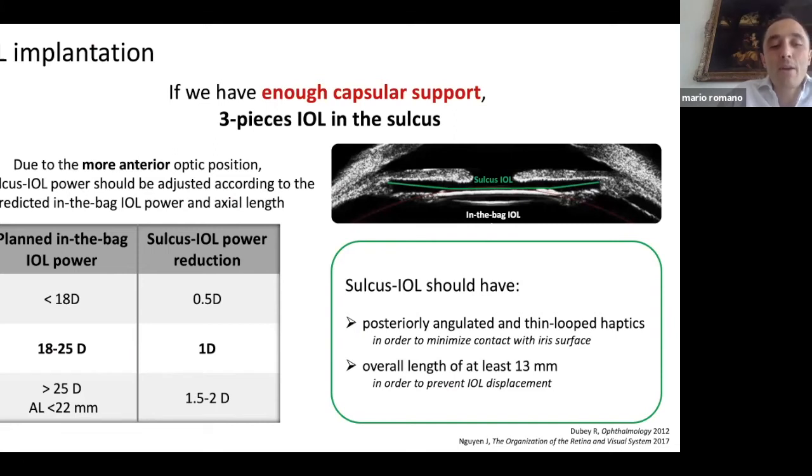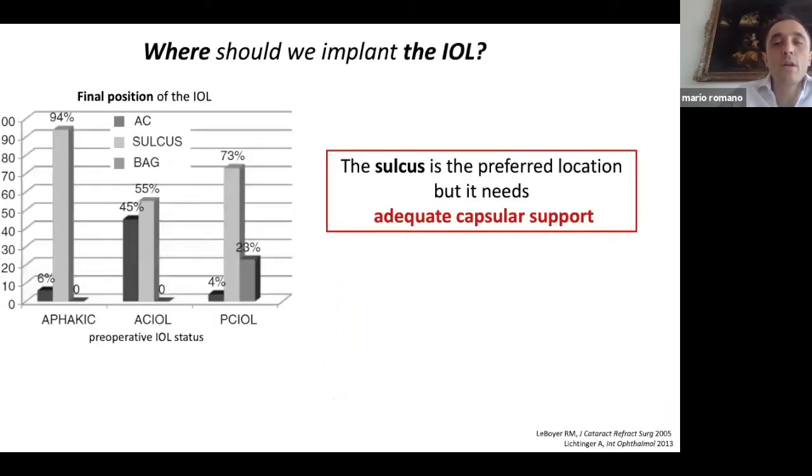If myopic, 1.5 diopters. A sulcus IOL should have posteriorly angulated, thin looped optics, and an overall length of at least 13 millimeters.